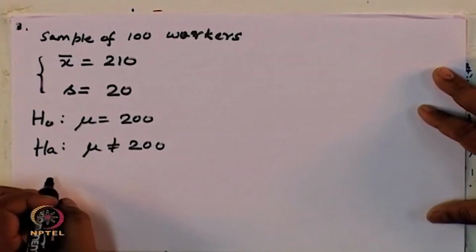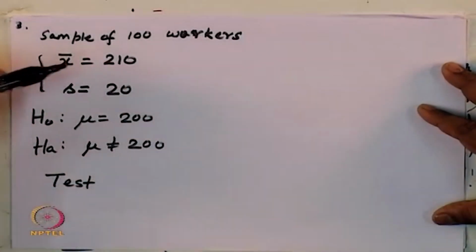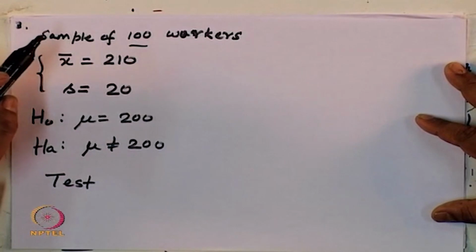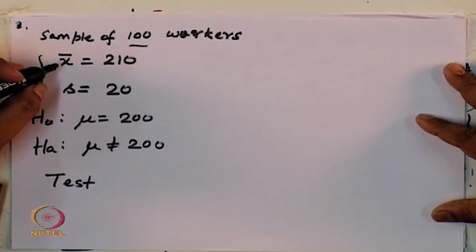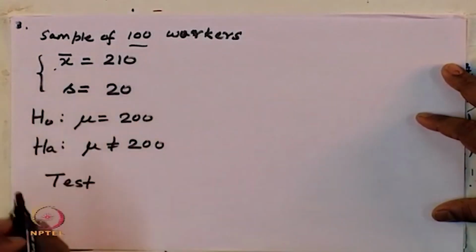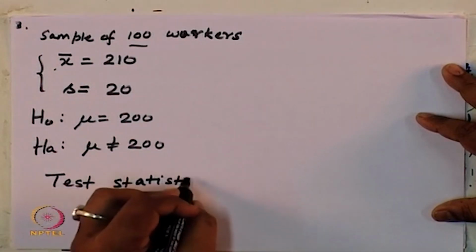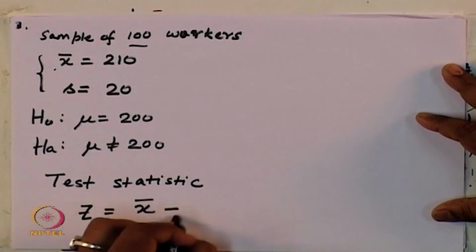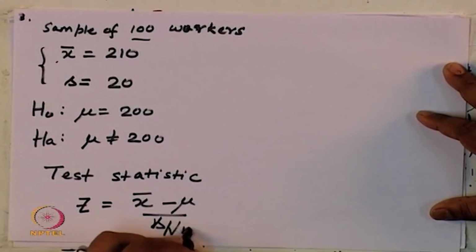For this we use a test statistic. When your sample size is large, n equal to 100 qualifies as a reasonably large sample size, then I can write that x bar is normally distributed. So, we can write this test statistic Z as x bar minus mu divided by S by root of n.